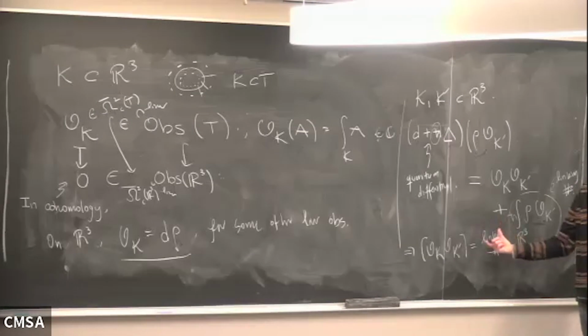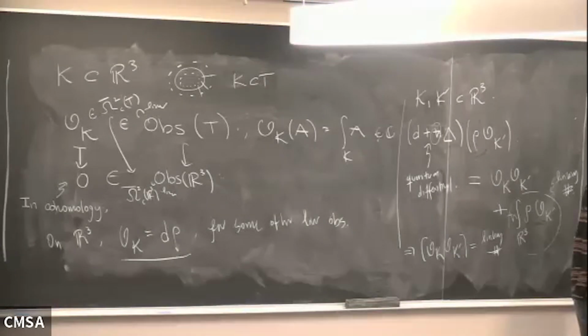No, he's saying the definition of the Wilson line operator in abelian Chern-Simons doesn't just depend on the loop, not the link. It depends on the framing of that.